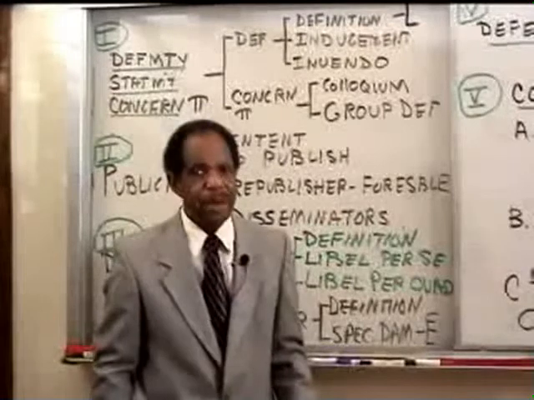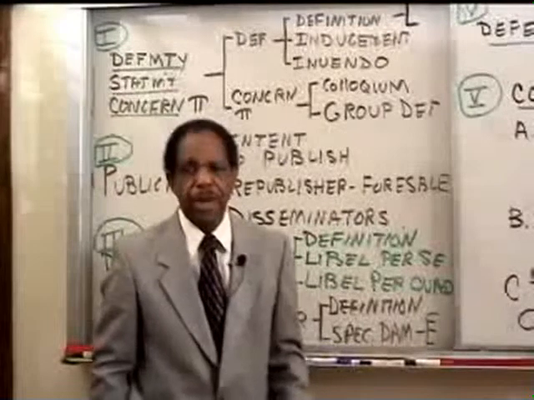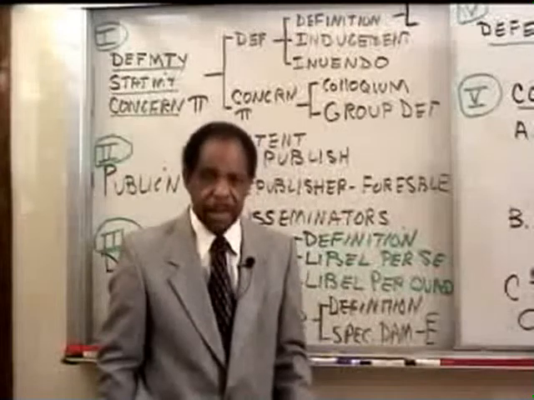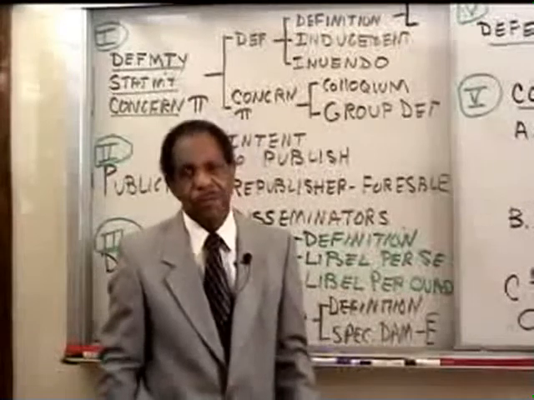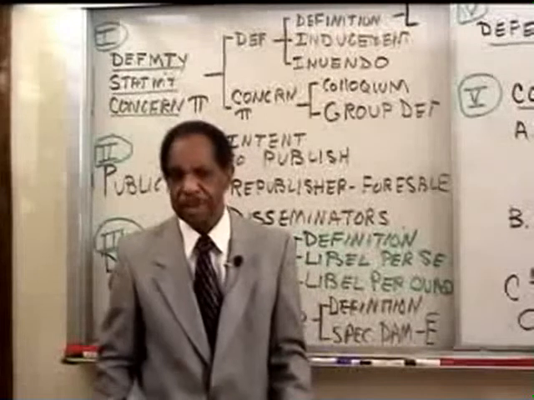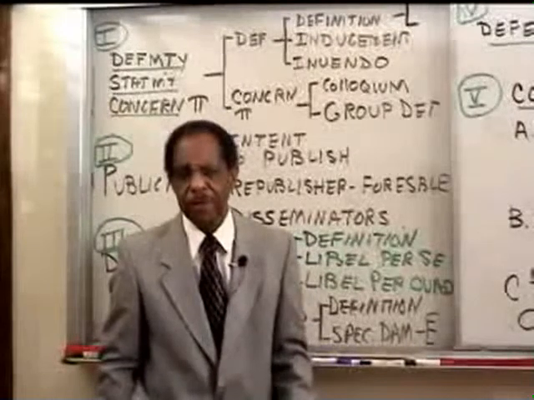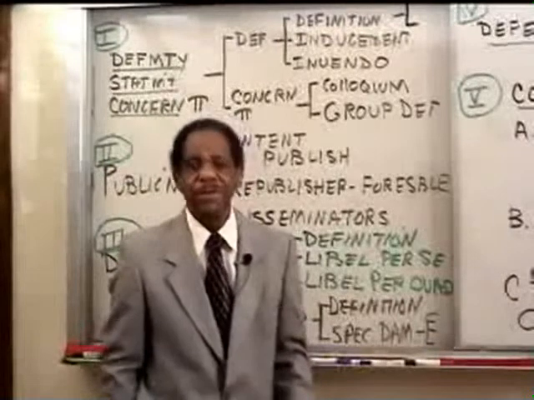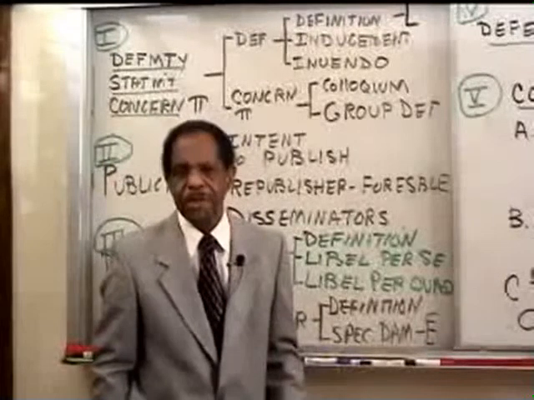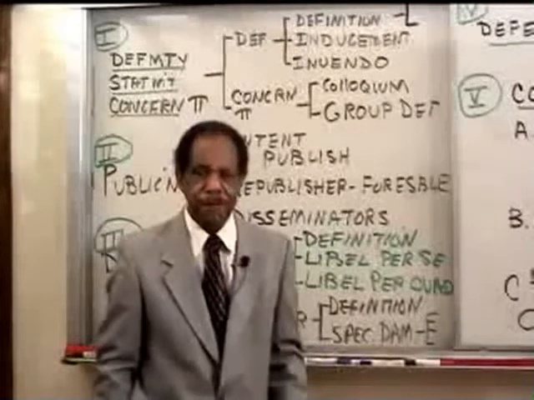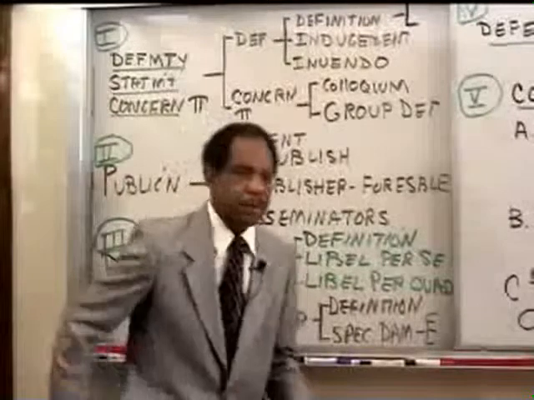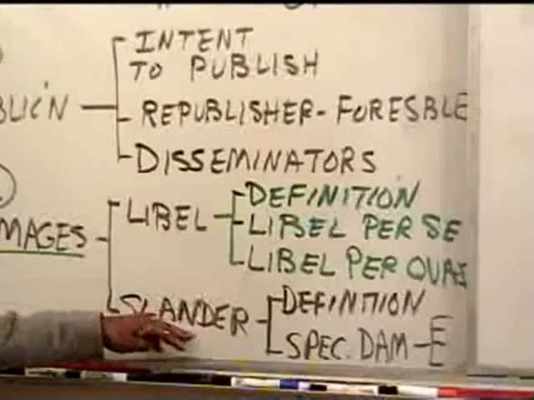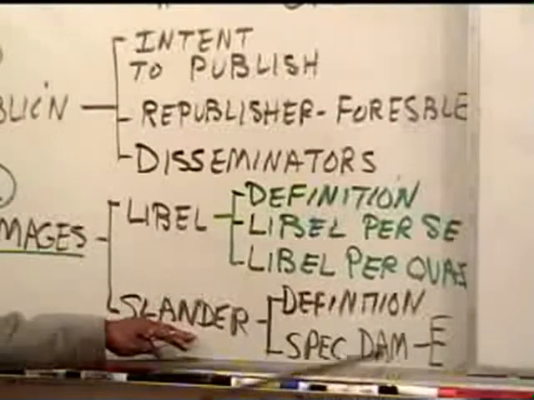Now I have monetary loss, and so I can recover for my monetary loss, and I can tack on to that whatever reputation loss I can establish and collect for that also. But the court won't even consider my reputation loss unless I first prove the pecuniary or money loss in the case of slander. And the exception to this is the case of slander per se.